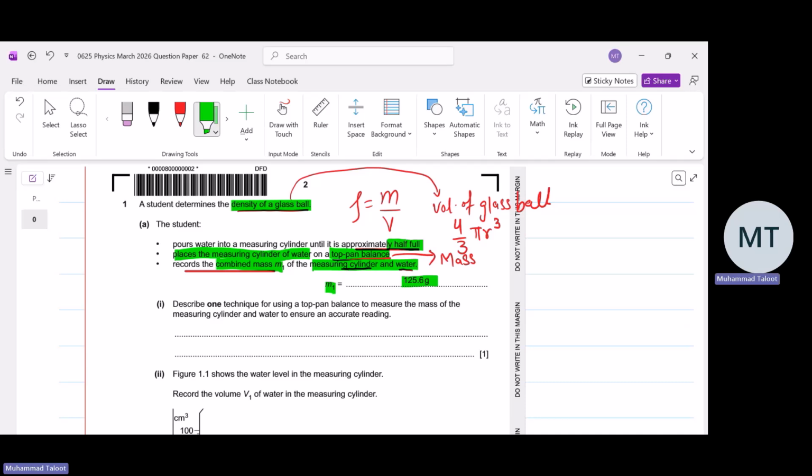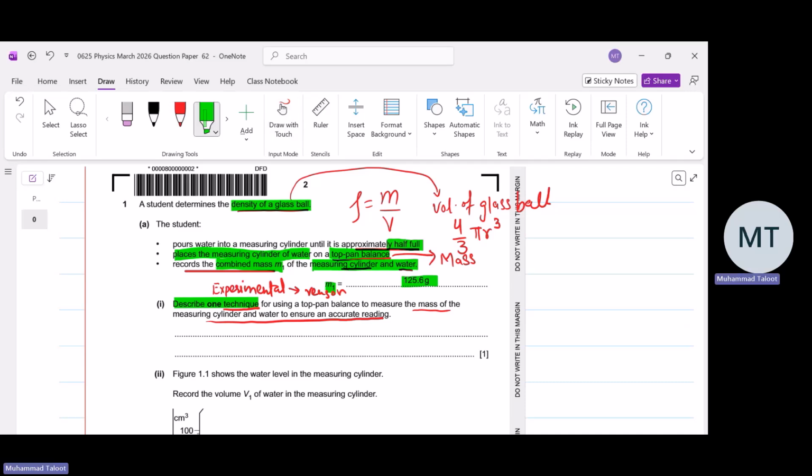So now in part 1 of part A, they are saying describe one technique. So dear students, whenever they say technique, you have to consider some experimental reason, or technique you can say, for using top pan balance to measure the mass of measuring cylinder and water to ensure accurate reading.